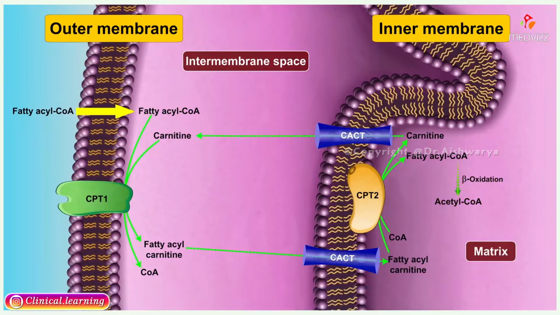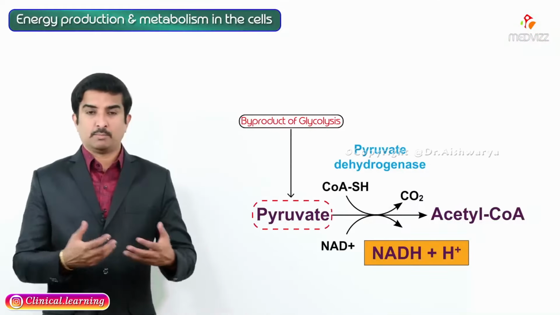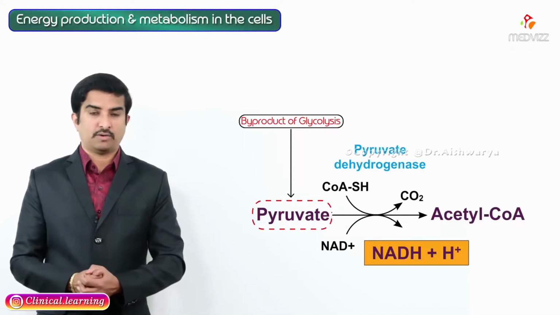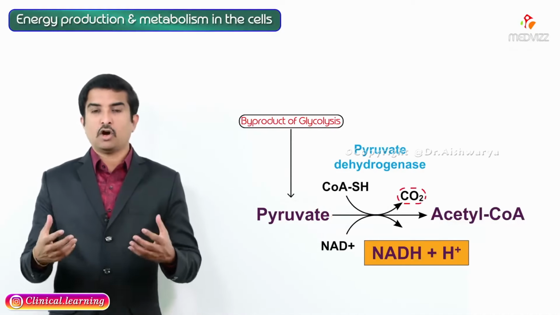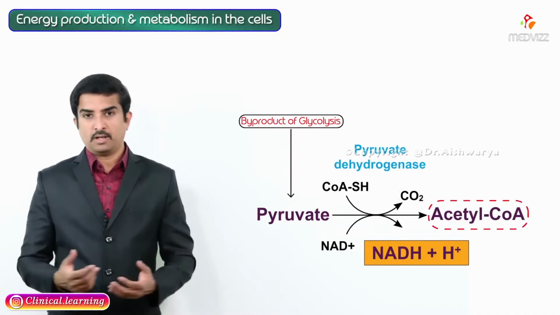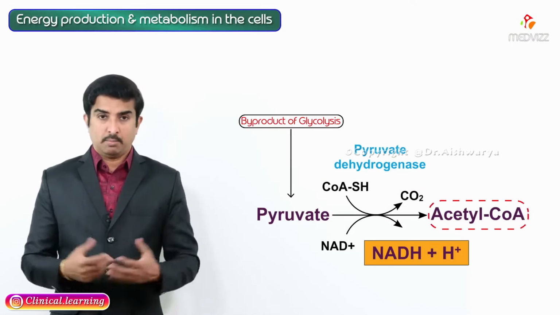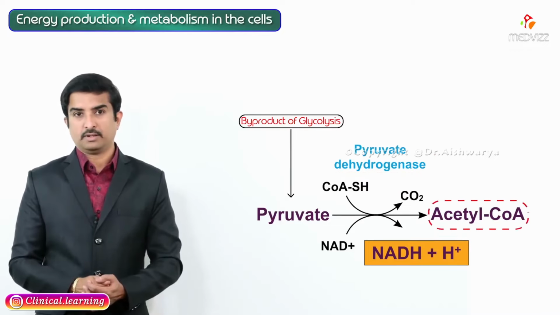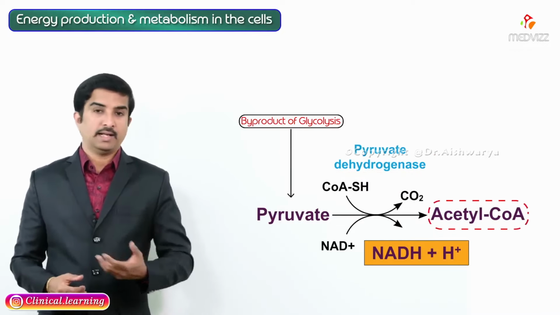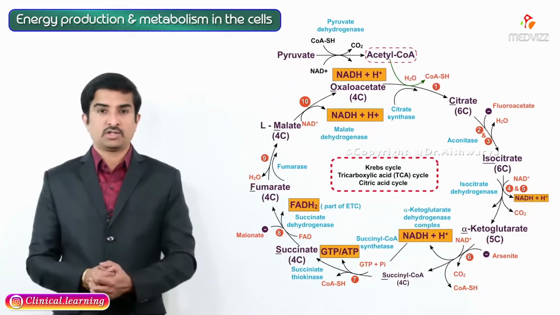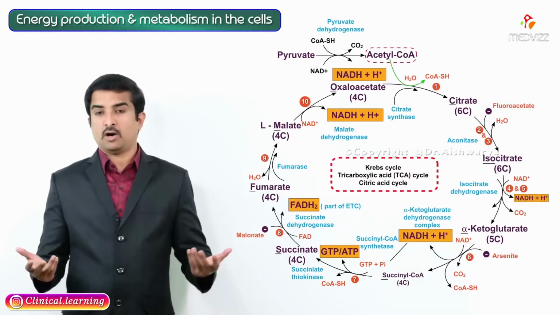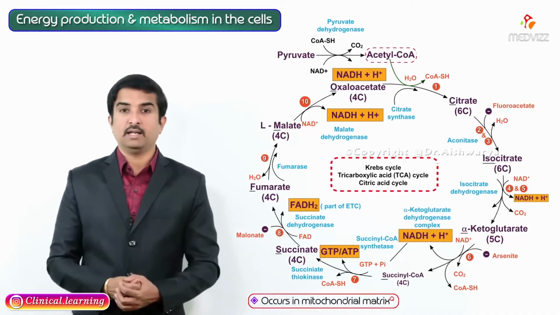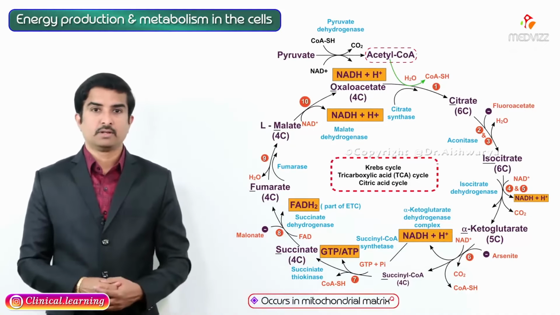And the pyruvate, which is the byproduct of glycolysis, after entering the mitochondrial matrix, is decarboxylated to form acetyl coenzyme A by the pyruvate dehydrogenase enzyme complex. The acetyl-CoA then enters the Krebs cycle, also known as the citric acid cycle or the tricarboxylic acid cycle, which also occurs in the mitochondrial matrix.